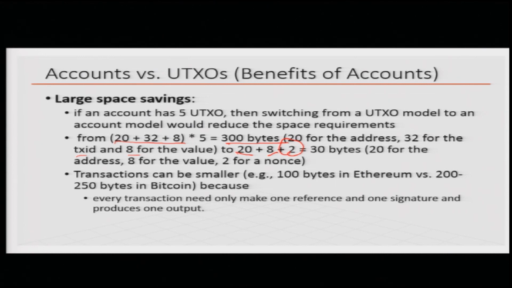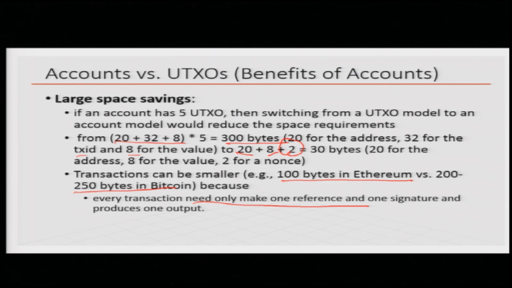So, transactions can also be smaller. So, 100 bytes for Ethereum, whereas 200 to 250 bytes in Bitcoin. Because every transaction needs to make only one reference and one signature, whereas in case of Bitcoin, let's say you want to spend 25 Bitcoins, and let's say you have 5 UTXOs.